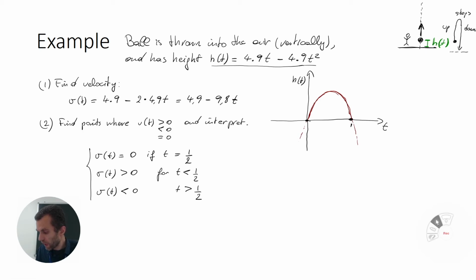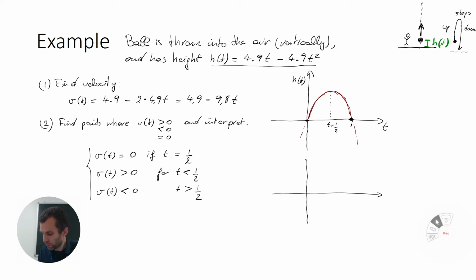And so what can we derive from this graph? Well, we see as t increases, the height of the ball increases until it reaches a maximum here at t equal to 1/2, and then the ball starts getting attracted to the earth again, and it goes down and hits the ground at t equal to 1. And if there's nothing stopping the ball, then of course it continues past t equals 1 and the height becomes negative. But let's just assume that it falls on the ground and it stops there.